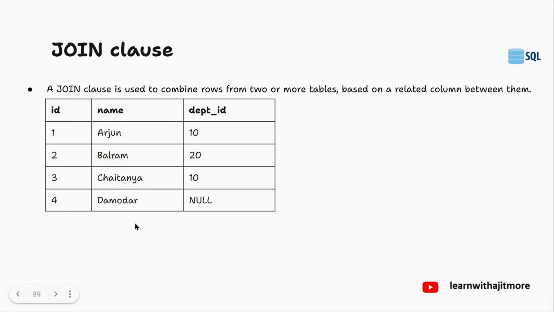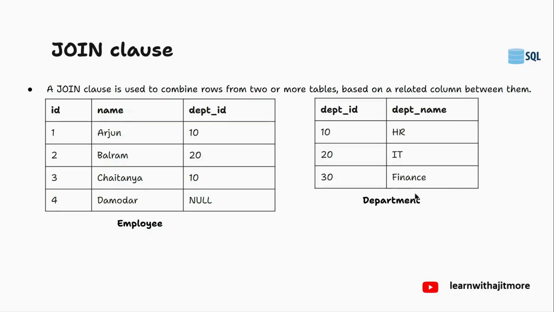Just take an example. Suppose this is a child table, employee, with employee ID, the name of the employee, and the department ID assigned to that employee. And this is another table called the department table, with department IDs and their department names.